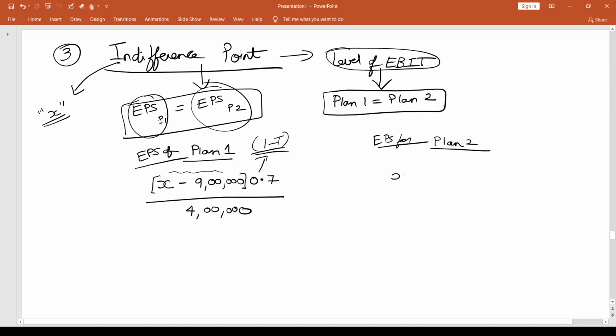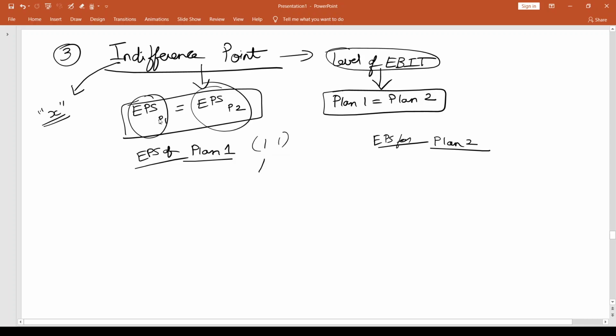Again, I start with the variable X because that's my EBIT, which I'm going to calculate. But here, I have a debt amount in plan 2. Sorry, my bad. In plan 1, there is no debt.